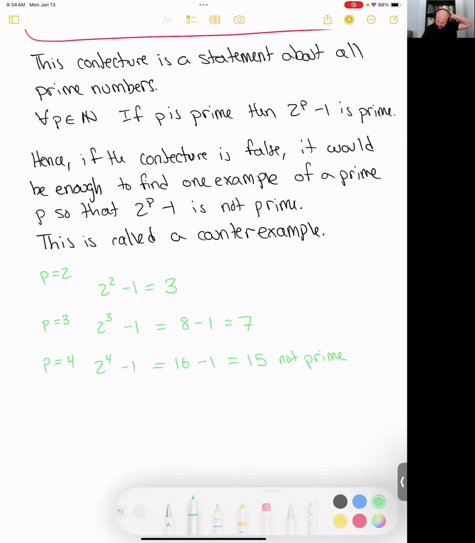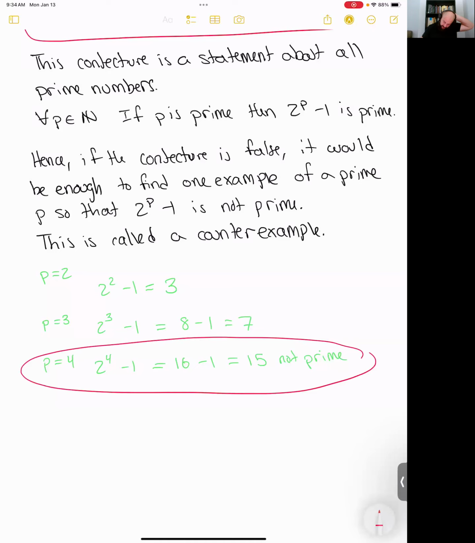So here we have found a counterexample, which shows that the conjecture is not true. And we will see a few more examples of counterexamples in the next video.